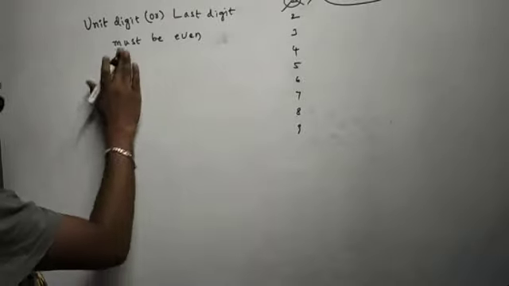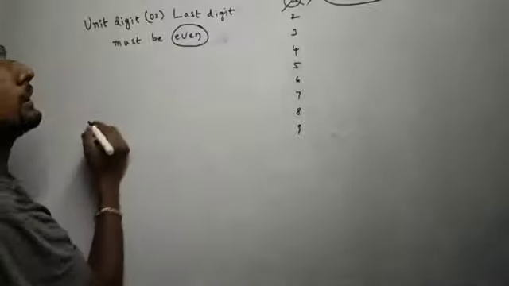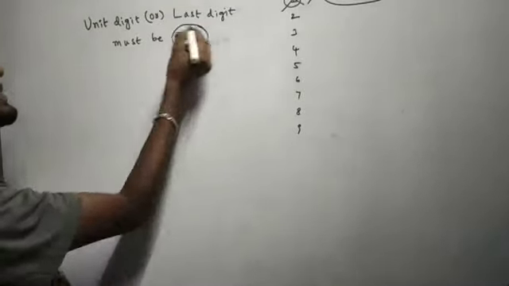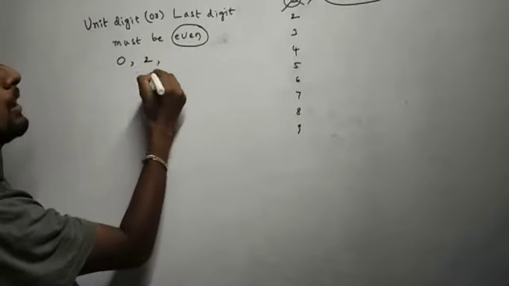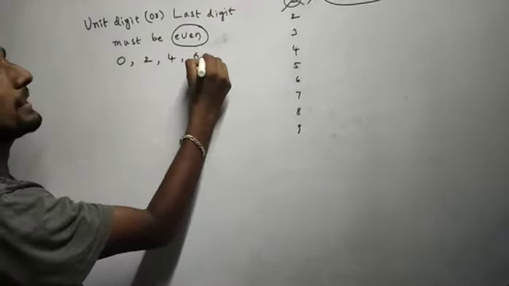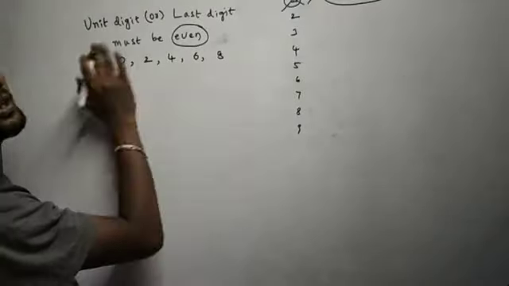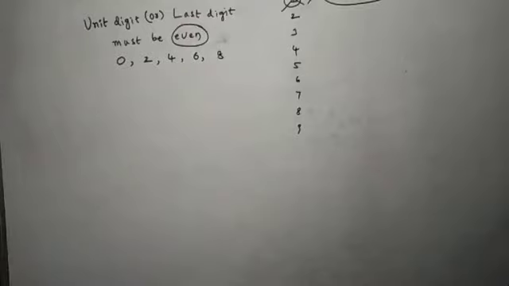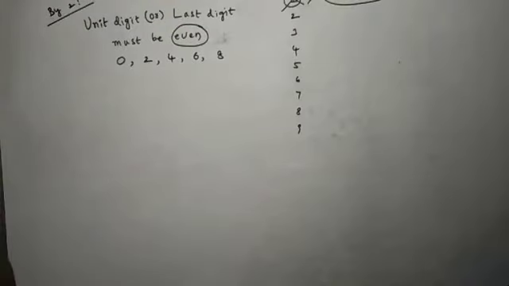If you are getting it hard to remember the word even, then I want to say that the last digit must be either 0 or 2 or 4 or 6 or 8. So among these 5 digits, if any one of the digits is the last digit of the number, then the number is divisible by 2. So here I'll write by 2.